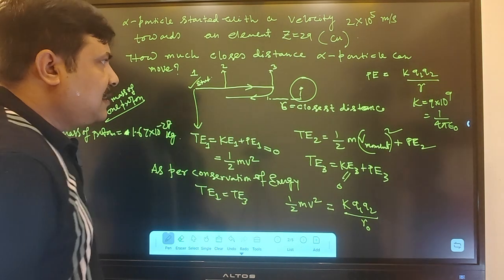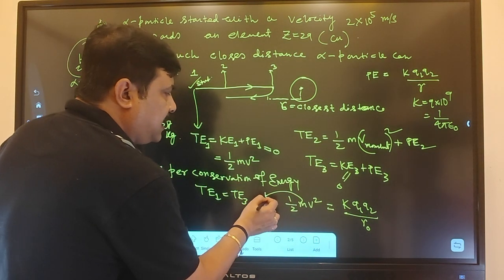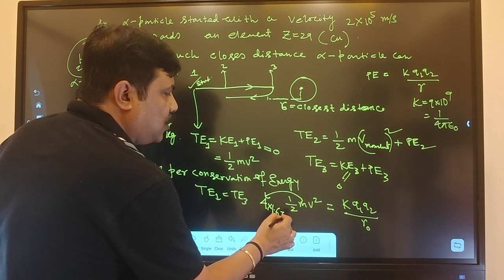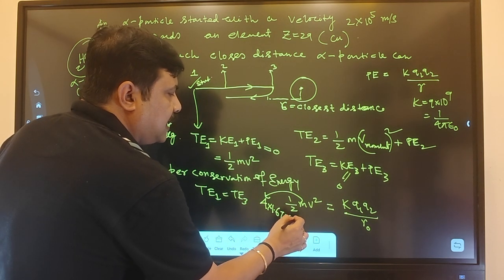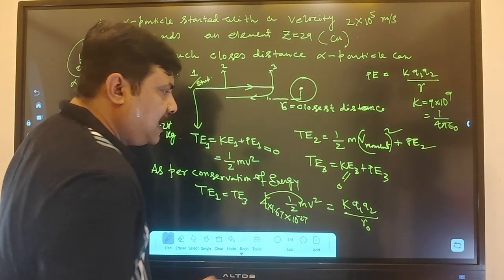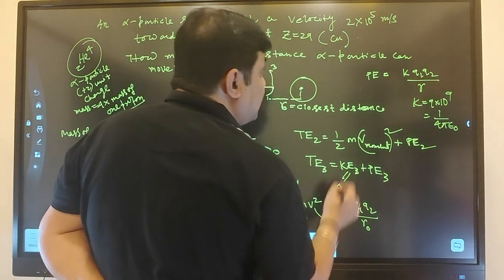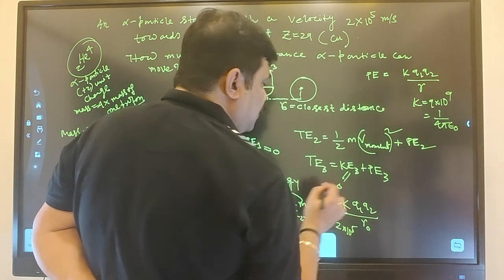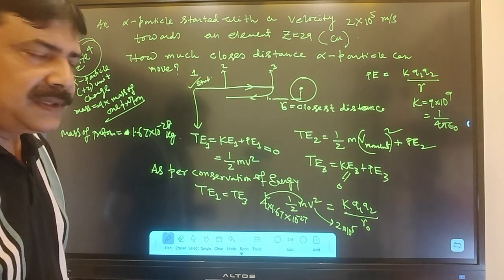Now look at the mass of the alpha particle: you will keep 4 into mass of the proton, which is 4 into 1.67 into 10 power of minus 27 kg. Everything I am keeping in SI units. Then velocity, they already told us, is 2 into 10 power of 5. With this velocity it is heading in.